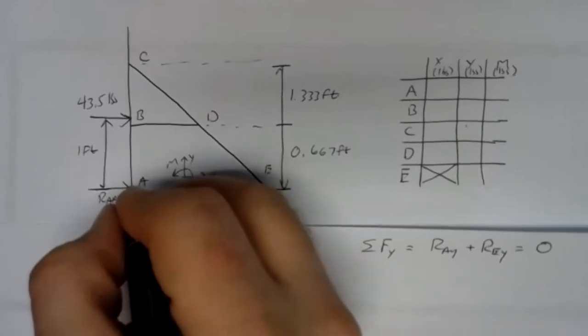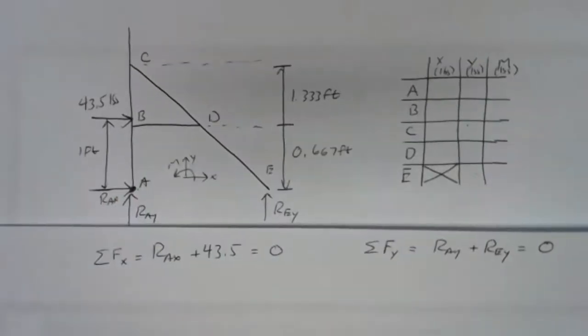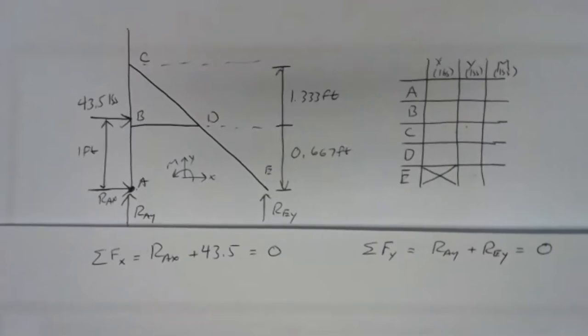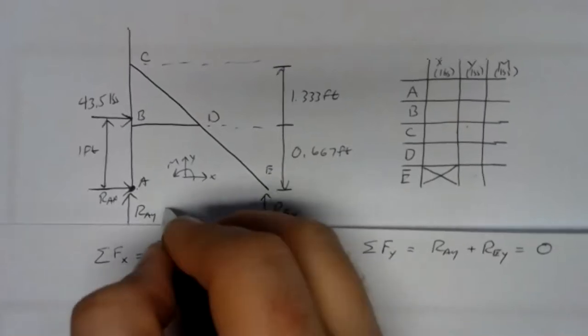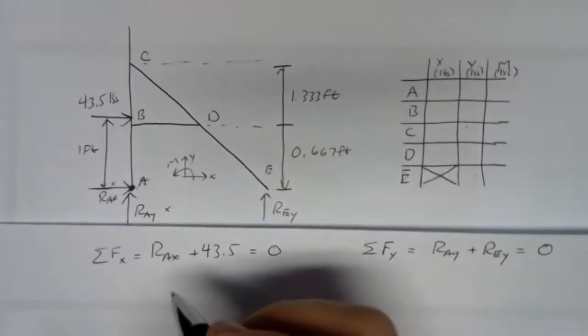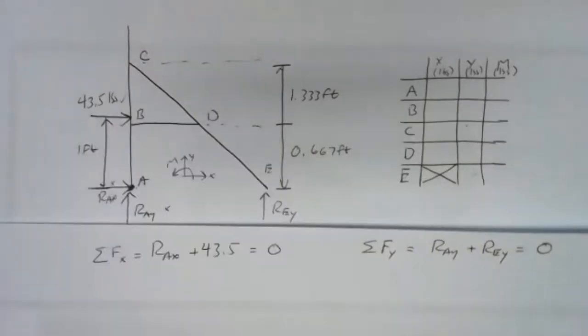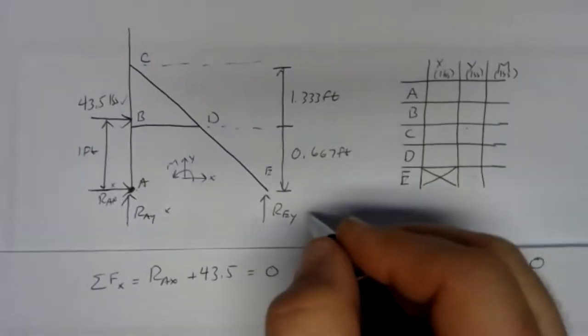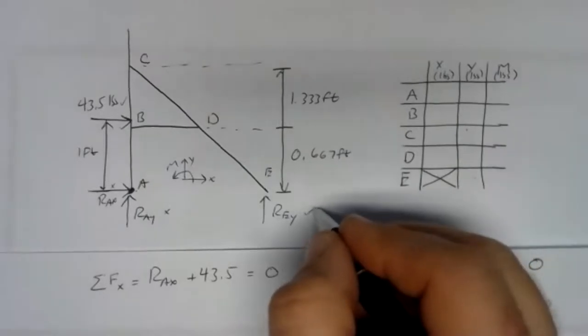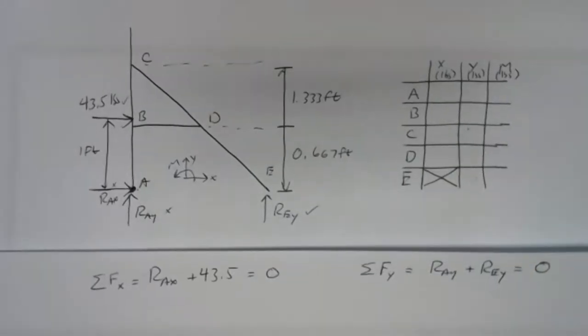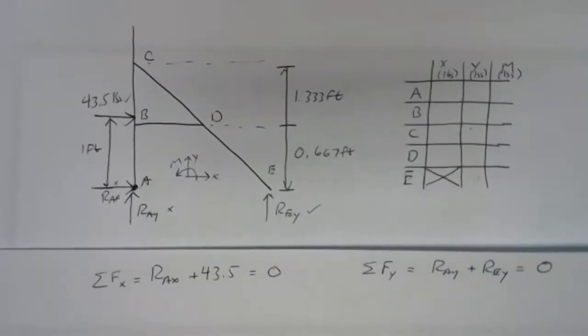And then we have our sum of moments about a point. So let's stick with what works. We'll pick point A. Well, what forces are going to have moments? RAX and RAY are out. The 43.5 pound force is definitely going to have a moment, has a 1 foot arm. And REY is also going to have a moment. And I forgot to copy down the width here.